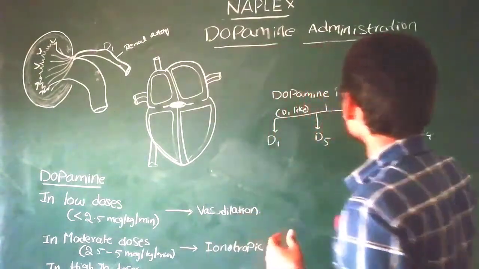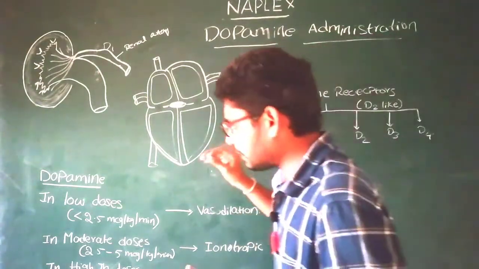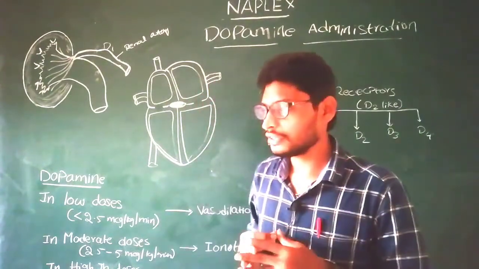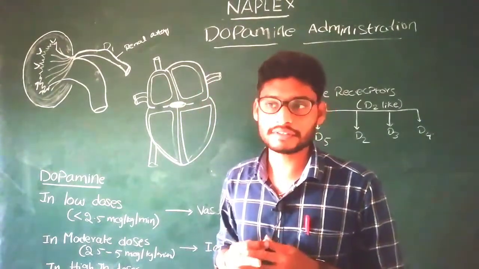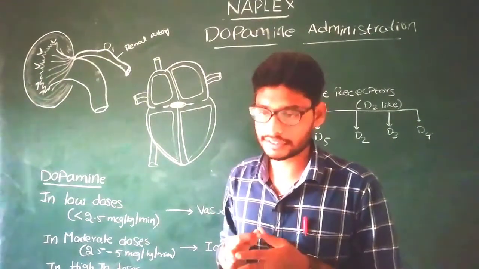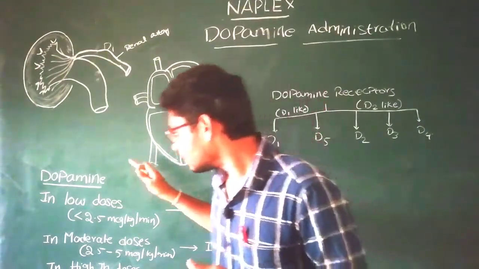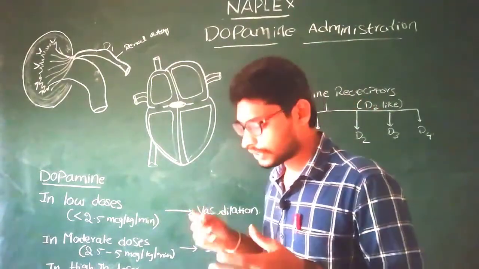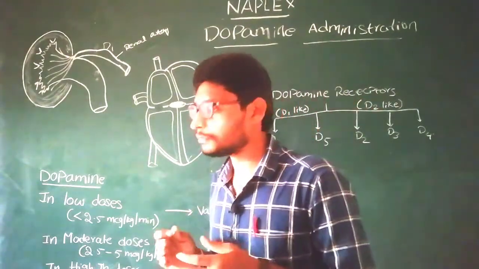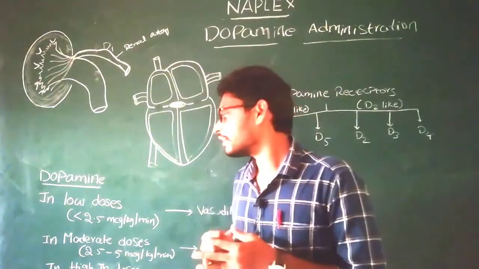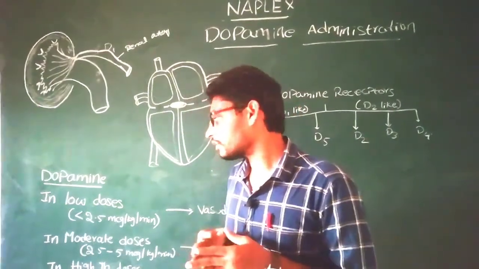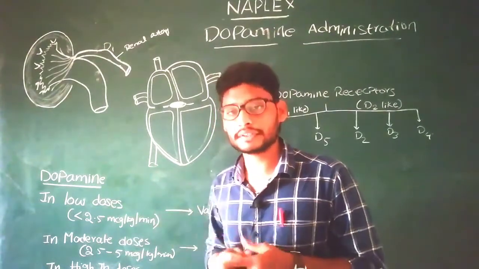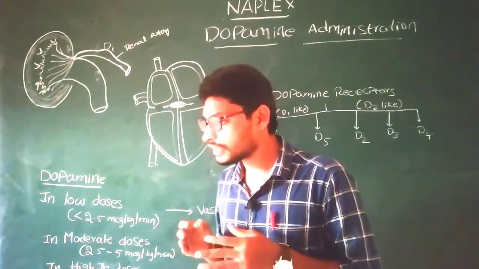Based upon the dose administered to the patient, the various mechanisms and actions differ. A low dose of dopamine means a dose of less than 2.5 micrograms per kg per minute.